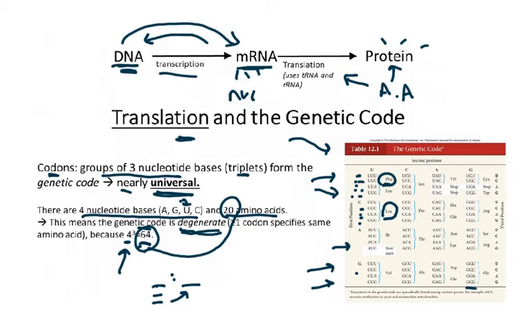And if you really look carefully here, you'll see that most frequently it's the first two nucleotides that are going to determine the amino acid. But that's not a rule to run too far with, because there are going to be some exceptions to that. Main idea, though, is that the genetic code is degenerate. There's more than one codon for each amino acid because there's more possible triplets than there are amino acids.